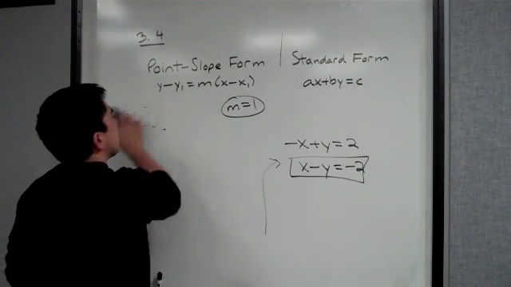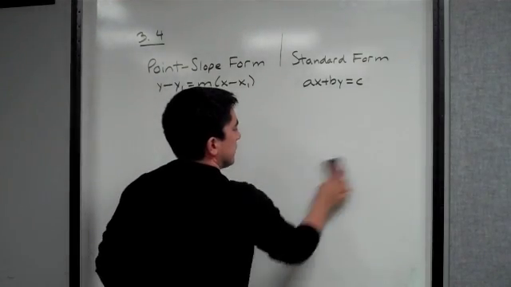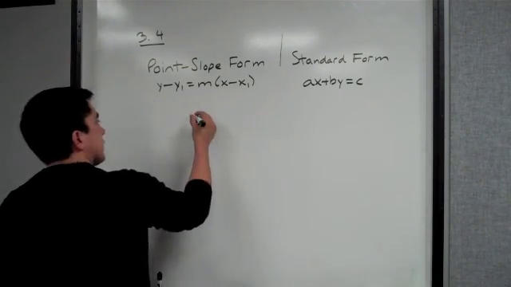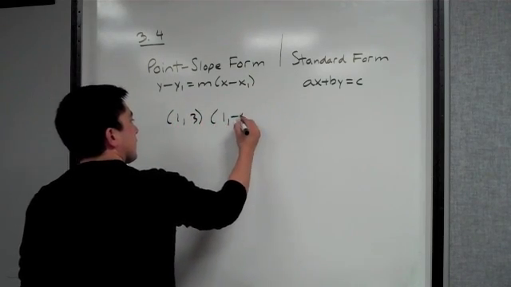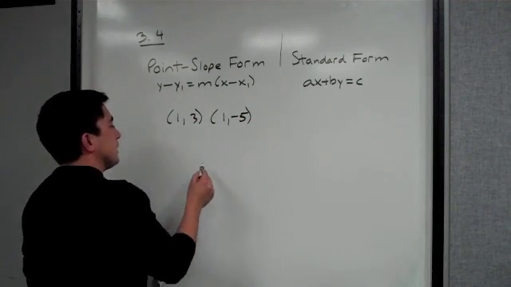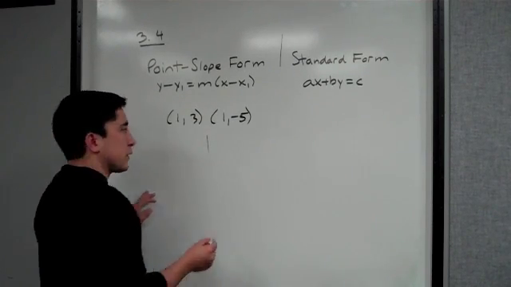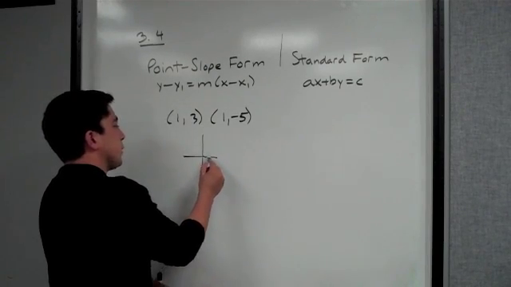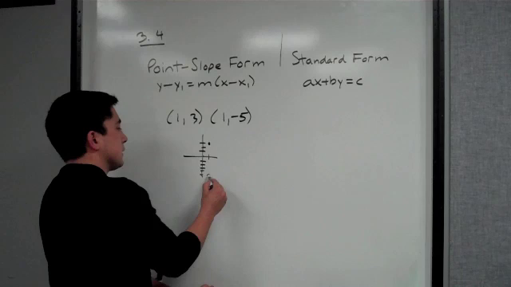It's what happens when you have the same x value. If I give you 1, 3 and 1, negative 5, if you were to graph this, this would actually be a vertical line, because this would be over 1, up 3, over 1 down 5.